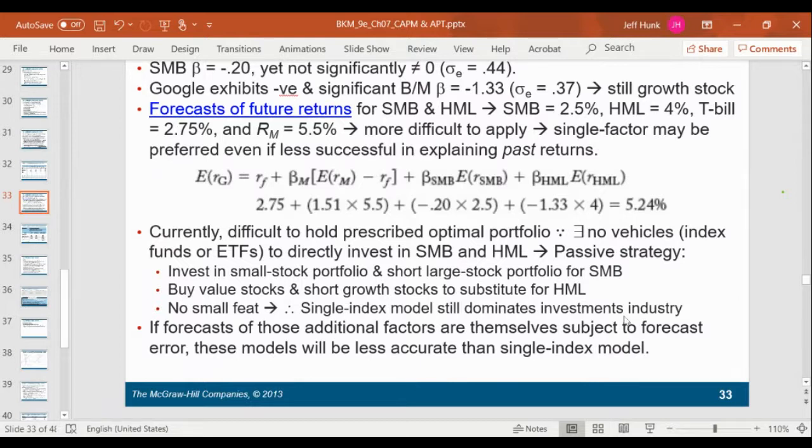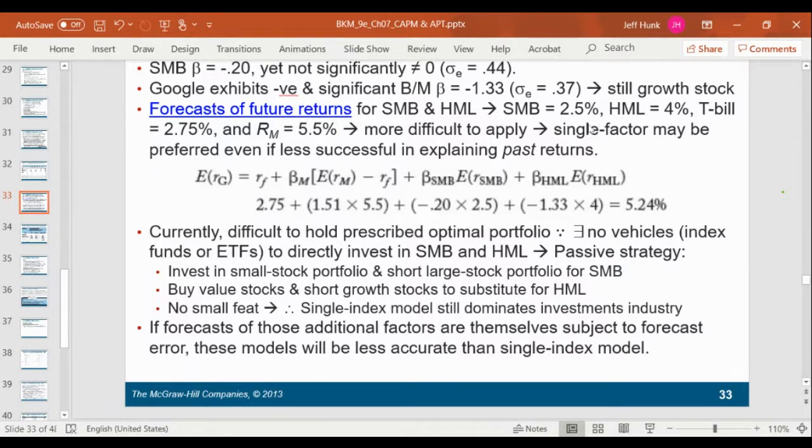All of these are extra steps just to have the data ready to run this regression. So that's why it is more difficult to apply.